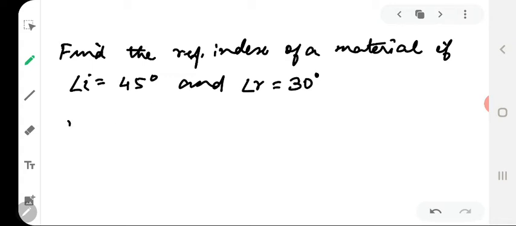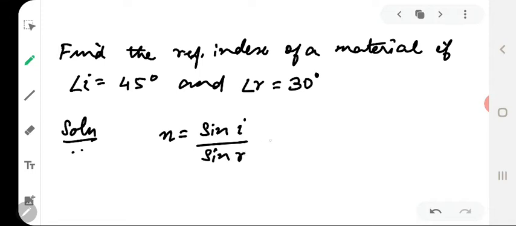So very easily, by making use of Snell's law, we can find out the value of refractive index.